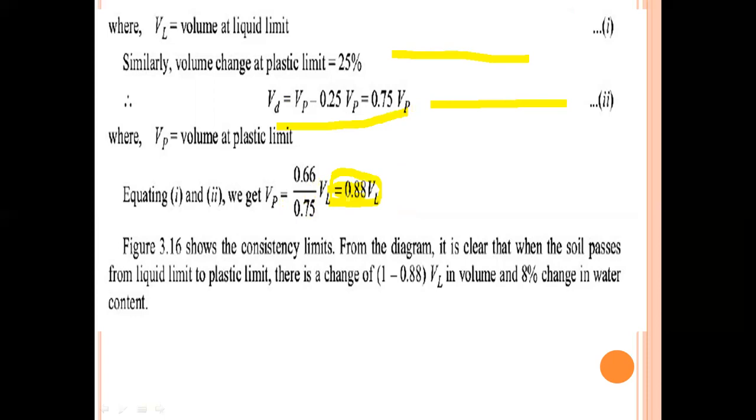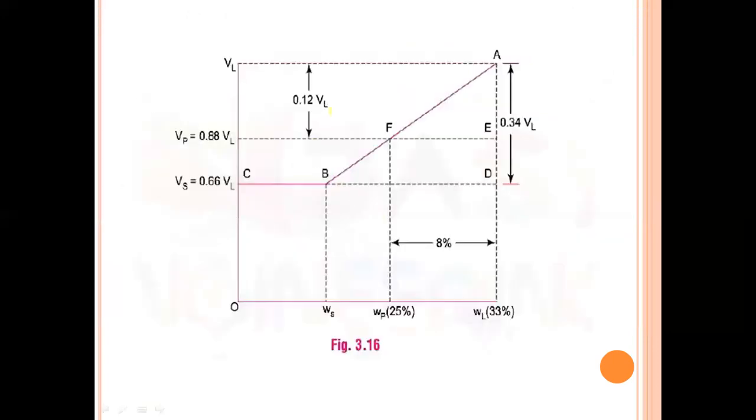So in consistency limits from the diagram, in the clear chart, the soil passes from liquid limit to the plastic limit. There is a change of 1 minus 0.88 VL in volume and 8% of change in water content. So here see the figure. 8% is change in plastic limit to liquid limit in water, 25 to 33%.